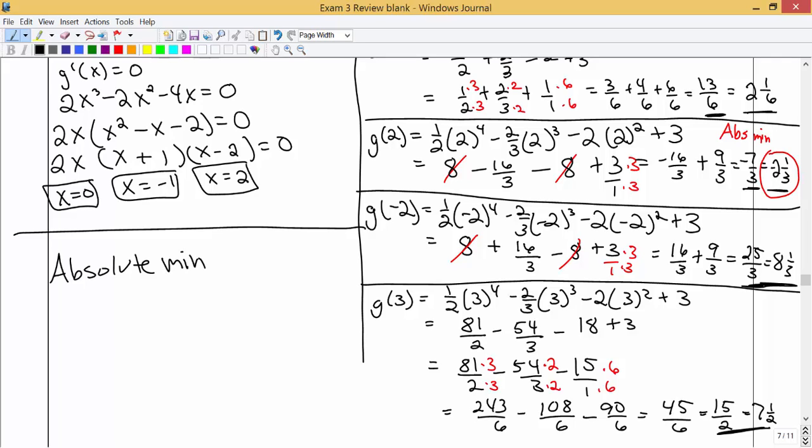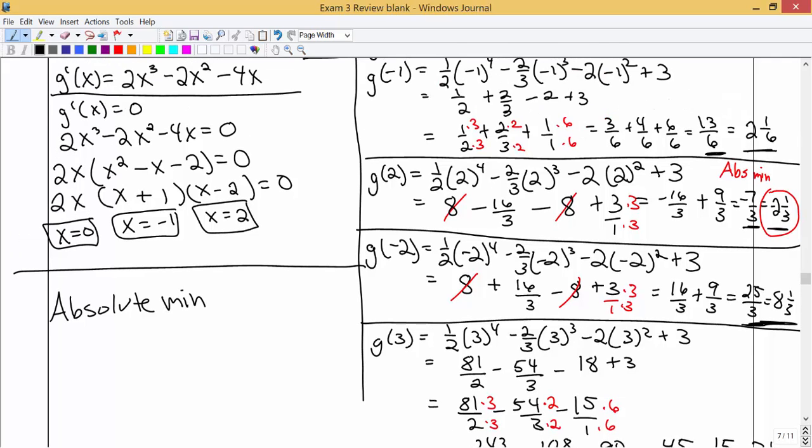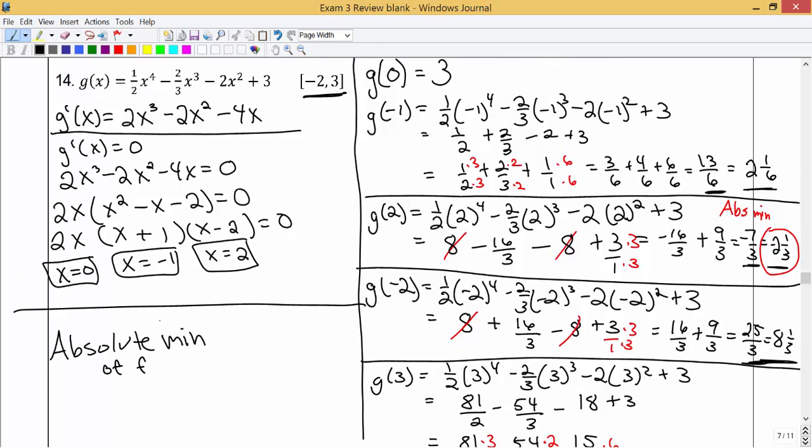So the absolute minimum value of f, and of course we're referring to this particular interval, would be negative 2 1/3, and it occurs at the point 2, negative 2 1/3.